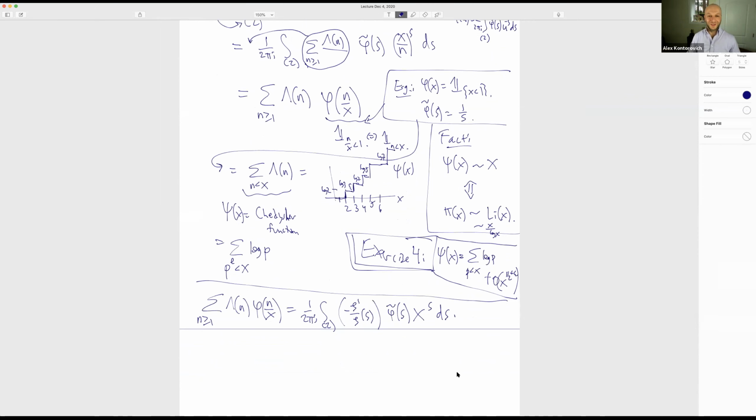Let me zoom out so I can see both. Okay. That's one calculation. In order to get anything, you have to calculate the same thing in 2 different ways. So one calculation was to put in the definition, and out comes this.